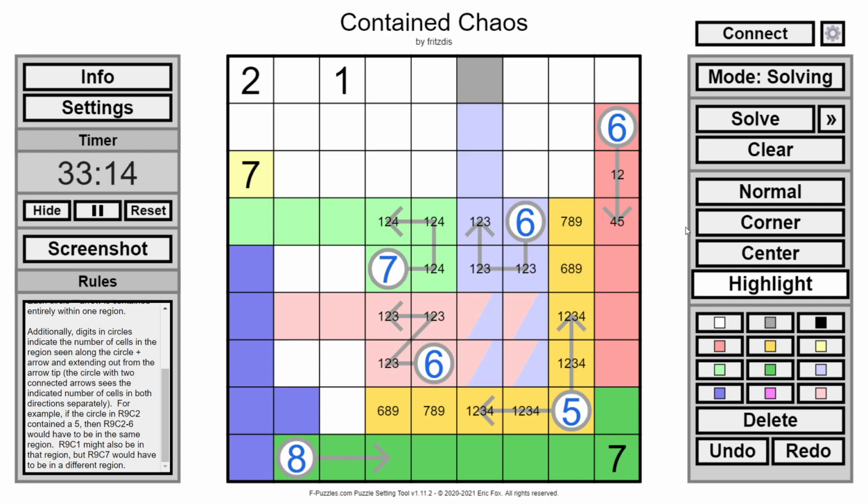Okay. I think this could be light yellow or gray, either. Because if we did have gray come all the way over here, there's 10 cells available to light yellow, which is obviously one more than enough.